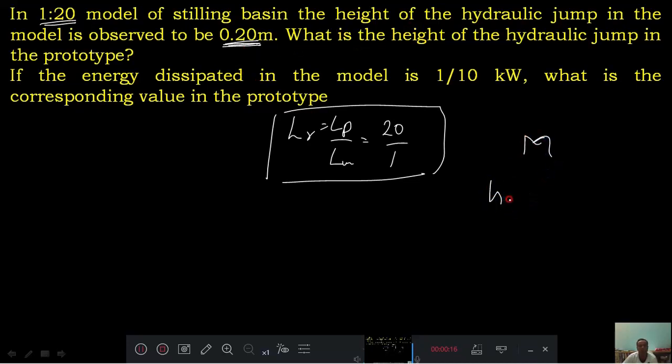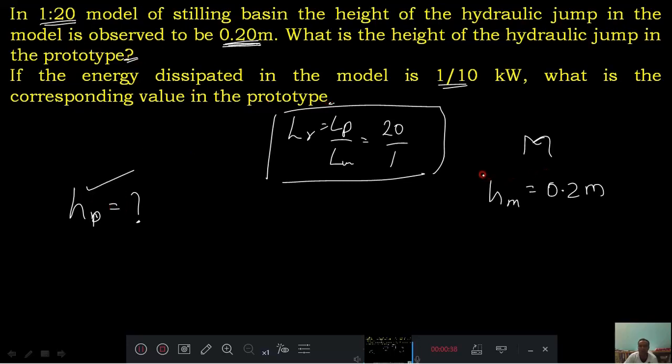Therefore H model is equal to 0.2 meter. Then what is the height of the hydraulic jump in the prototype? They want HP. Then if the energy dissipated in the model is 1/10 kilowatt, what is the corresponding value in the prototype? First one we will work out, this is very easy.